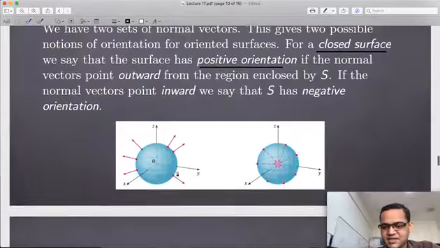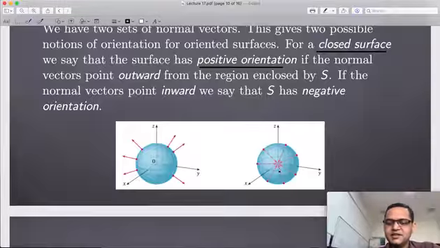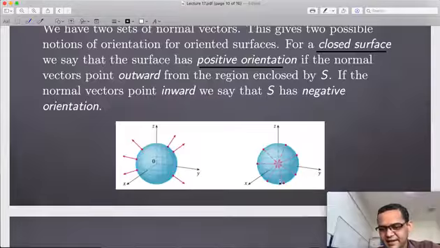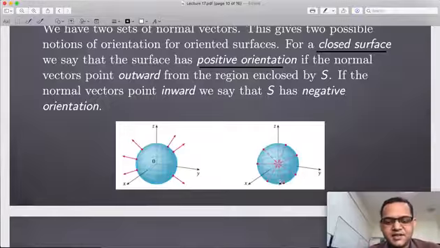This is a sphere. This is the surface, and it encloses the region inside this sphere, the whole ball. If the normal vectors are pointing outward, we are considering positive orientation. If the normal vectors are pointing inward, then we are considering the negative orientation. This is the convention we should have in mind.